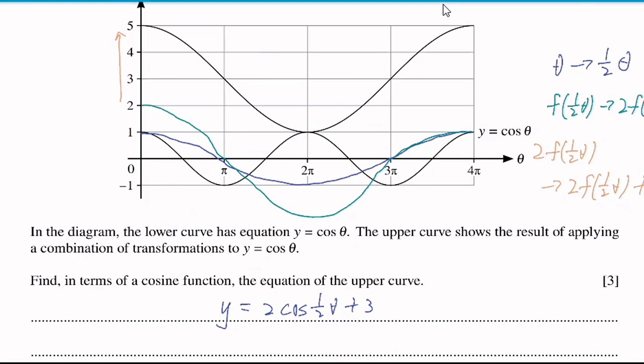The point here is that when we want to do the transformation, the order is important. This one has a lot of different types of transformation involved. The last thing that we want to do here is the translation. If we consider doing the translation first, let's say we translate to here from the very beginning, when we do the stretching, it will give us a bit of a problem.